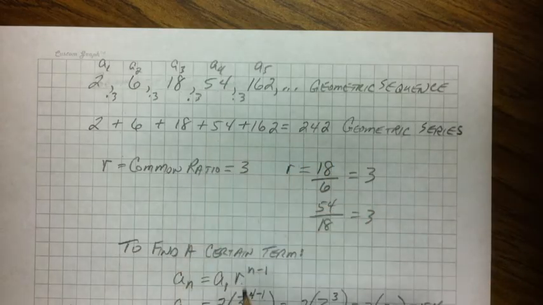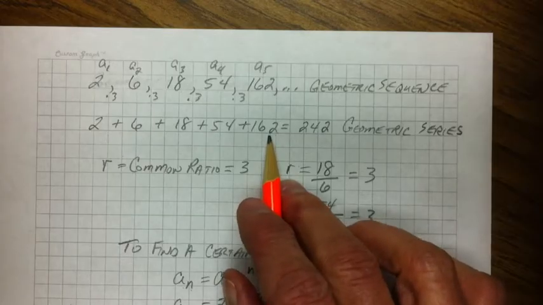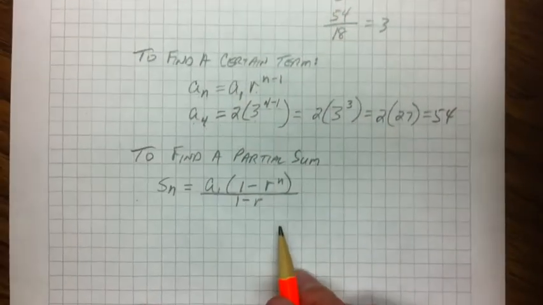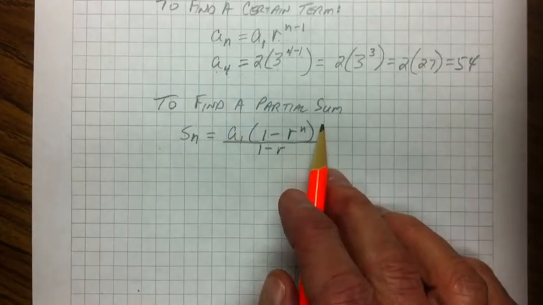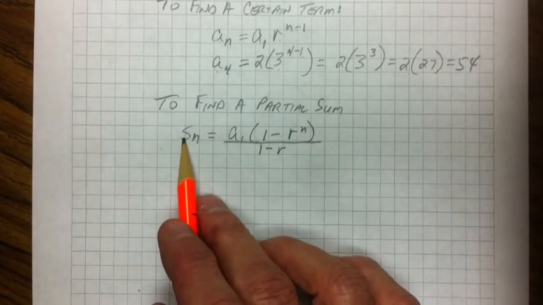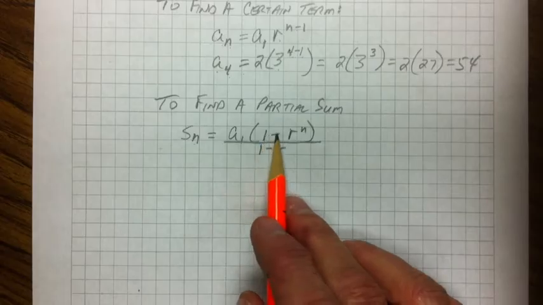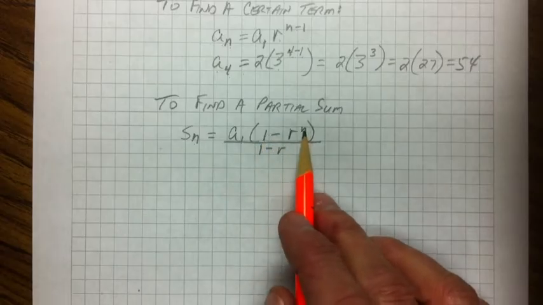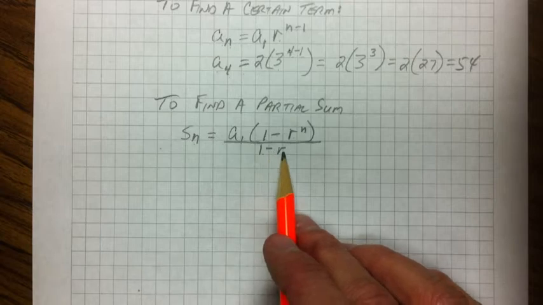Now you can always do it by hand if it's a little one, but what if you want to add 100 terms or 1,000 terms? Well, then you have to resort to this nasty looking little formula down here. So to find a partial sum, however many terms you want to sum, you need the first term, times 1 minus the common ratio raised to the number of terms you're adding, over 1 minus the common ratio.